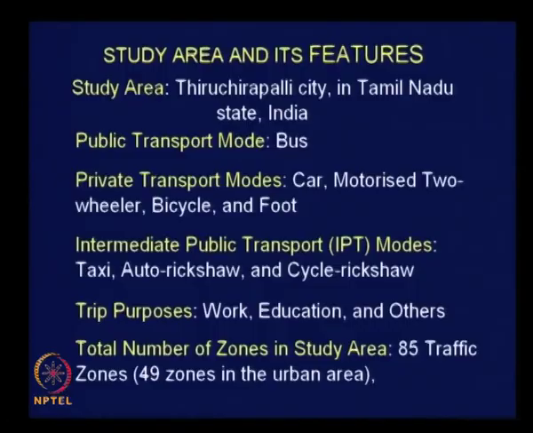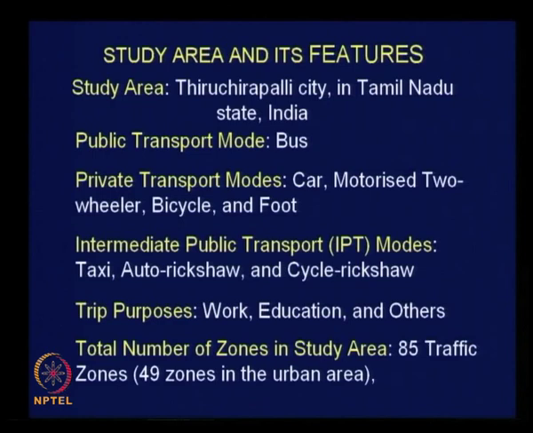is concerned. And the total number of traffic zones in the study area was 85. You may recall that I mentioned to you that the population of the city at that time was around 1 million.